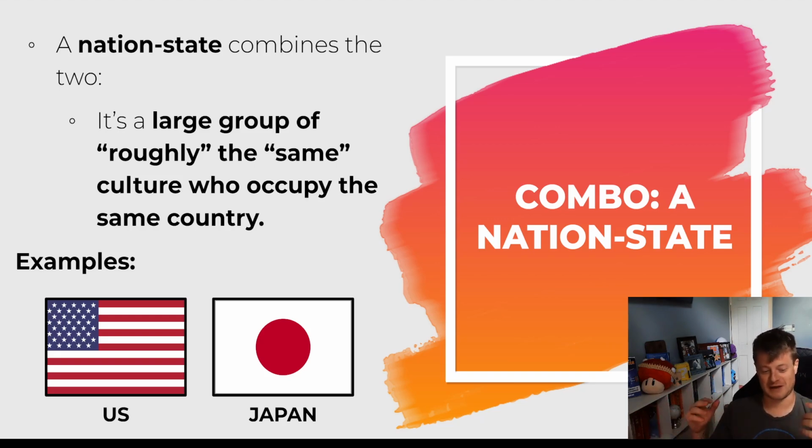Now, that can obviously be very loose or very tight depending on what country in particular you're looking at. Obviously, in the United States there are literally hundreds of languages spoken, but there are things that are common that bind us together as Americans. Japan would be another example. There are things that bind the Japanese people together. That's what a nation state is.